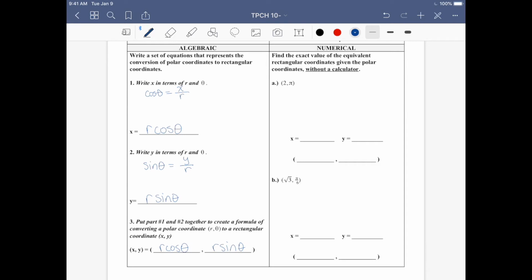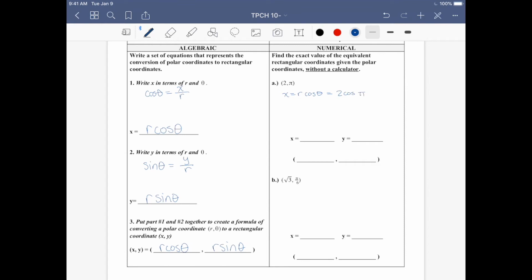All right, so let's work with these 2 points right here. So part A says 2 comma pi. I want to convert from polar to rectangular coordinates. So the way I'm going to find x is I'm going to simply do r cosine theta. In this case, r is 2 and my theta is pi.